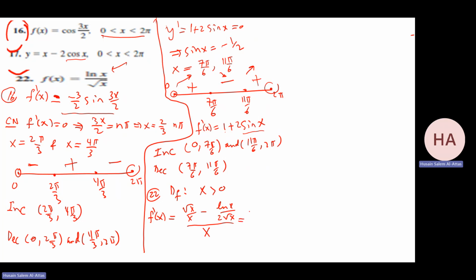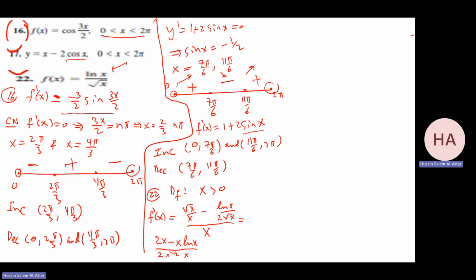So you have 2x. Okay, let me write it here. 2x minus x ln x over 2 x to the power 3 over 2 times x.